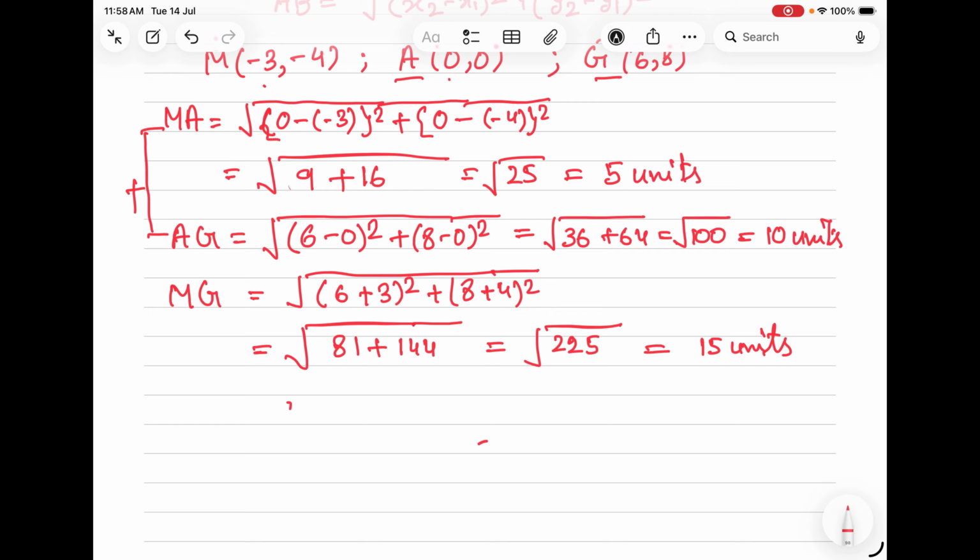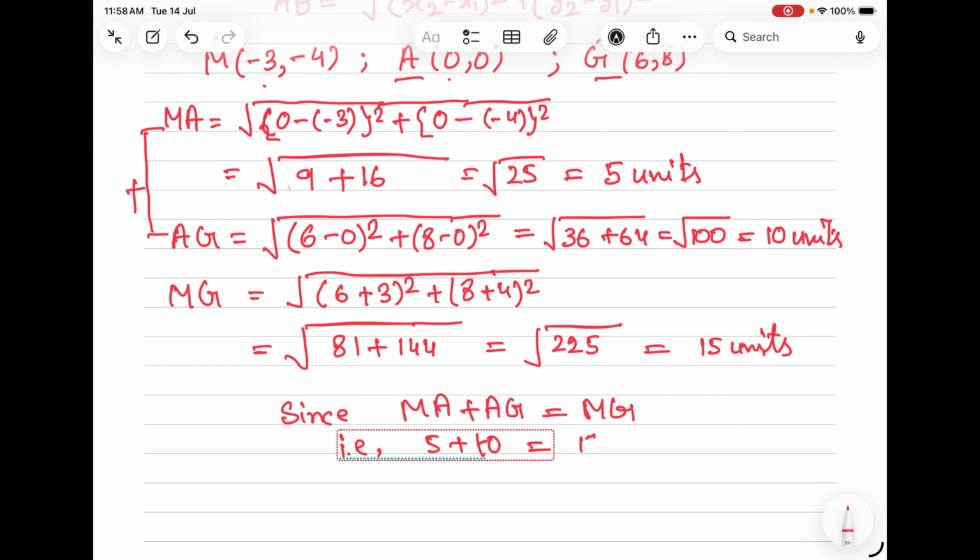So we can write, since MA plus AB equals MB, that is 5 plus 10 equals 15. Therefore, we can write M, A and B lie on the same straight line.